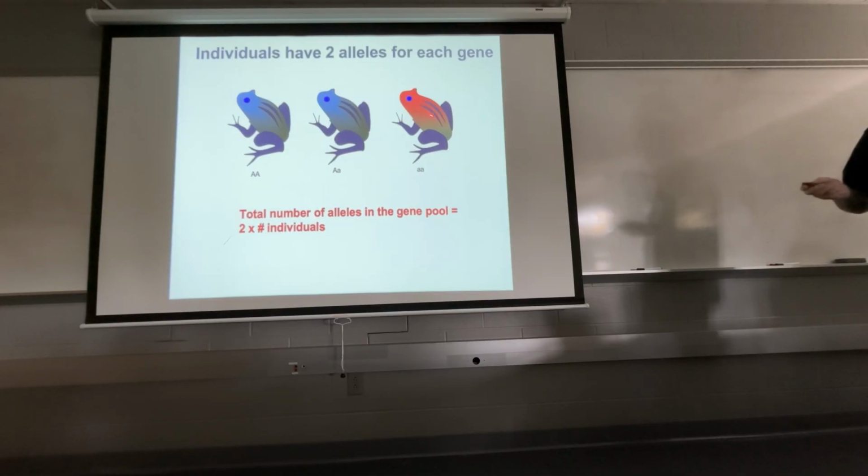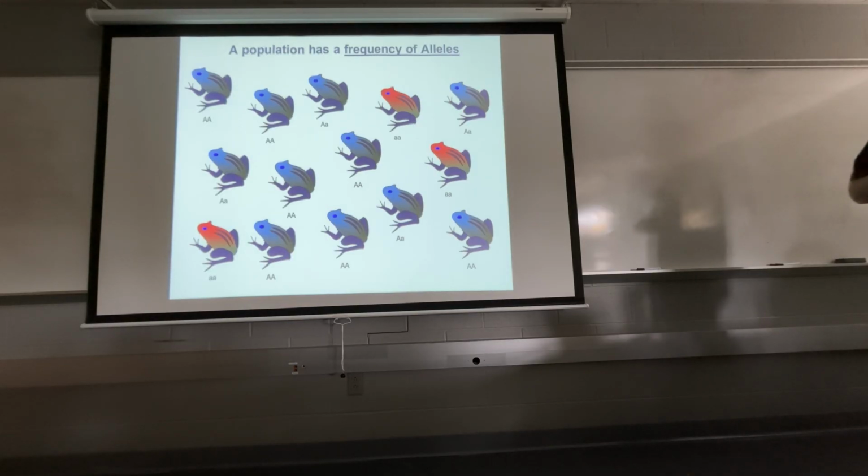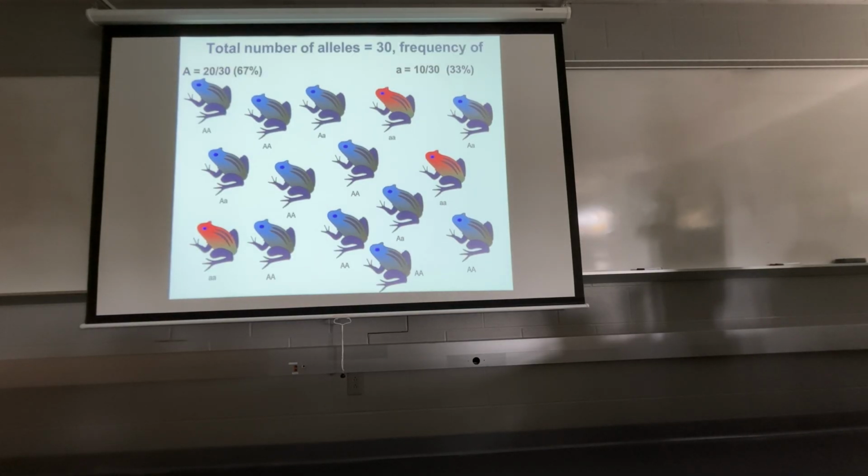And these are my 3 possible genotypes, right? Homozygous dominant, homozygous recessive, heterozygous, correct? So now we can get an allele frequency. So the frequency of big A, if you counted all the big A's up, there are 20 of them altogether in this little population. So 20 out of 30, or 67% of my allele pool, is big A. And then the little a's is 10, right?